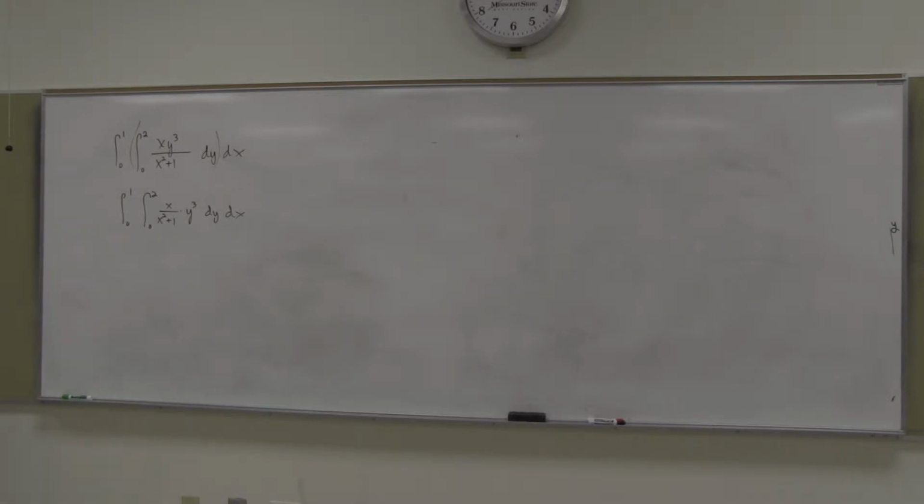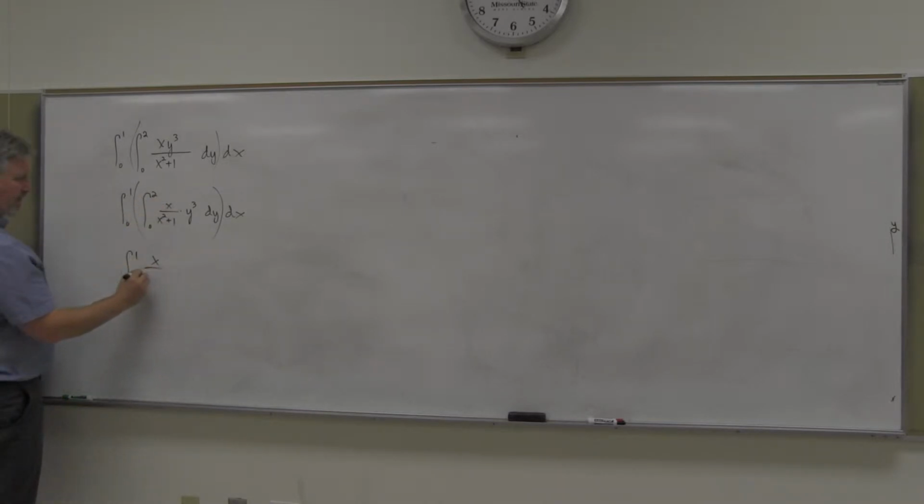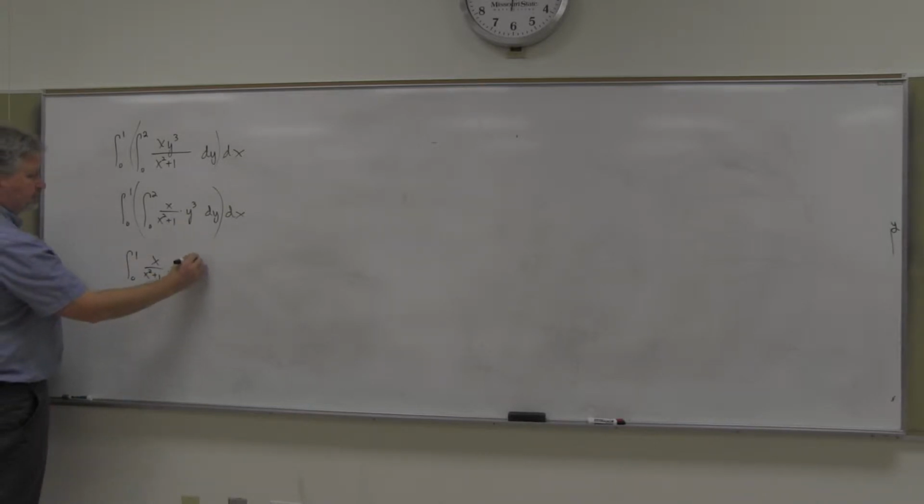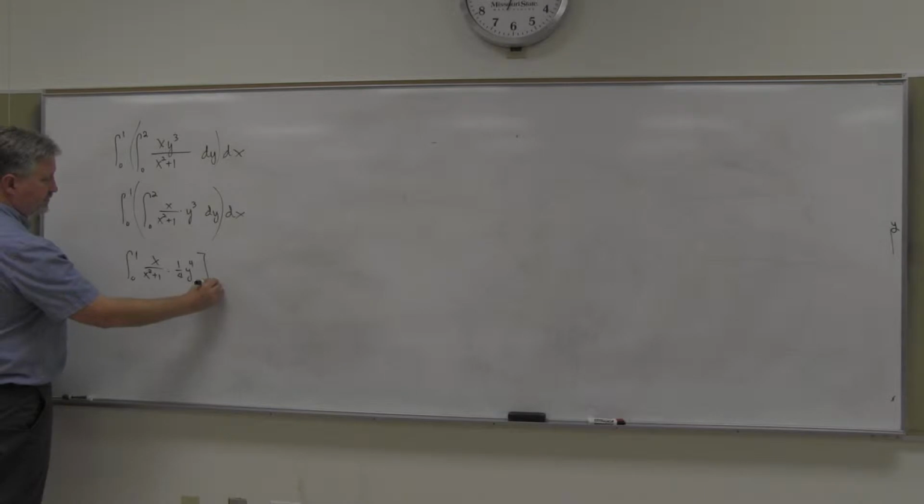It's just integrating y cubed, this first one, right? What have I got? 0 to 1, what's that going to be? This is just constant, right? It's just power, 1/4 y to the 4th. We can do that, y equals 0 to y equals 2.